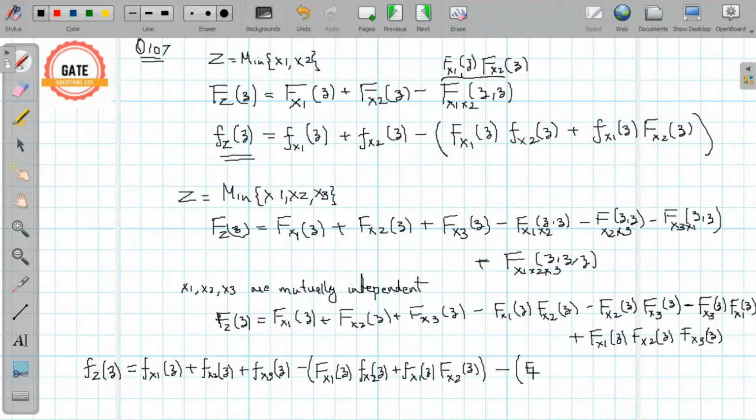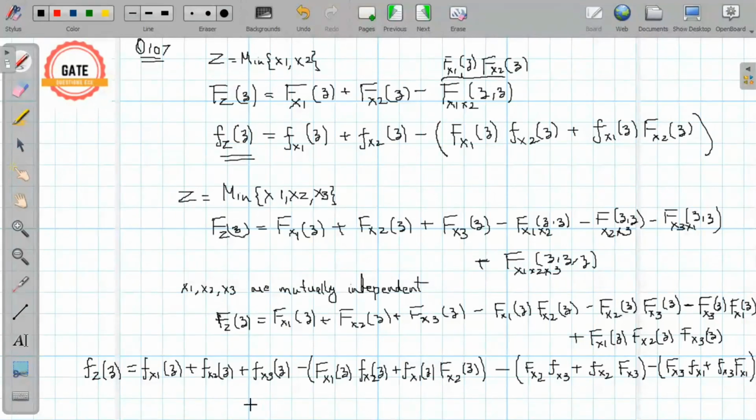I am simply dropping this z. And for this term differentiating we get CDF of x3 and PDF of x1 plus PDF of x3 and CDF of x1.